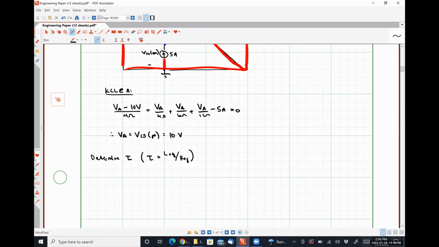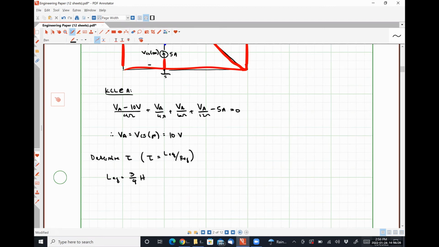Well, we already determined LEQ is 3/4 of a Henry by simply combining those two inductors in parallel.